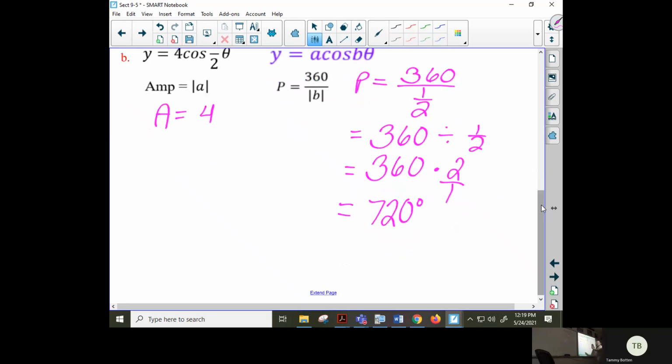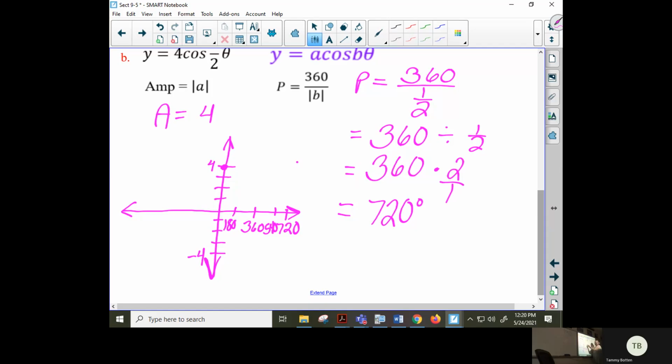So what that would look like, say this is 360 degrees, say this is 720, okay? This would be 180. This would be 540. So if this was a cosine function, number one, it would go up to 4, and down to -4. And it's cosine, so it starts up.